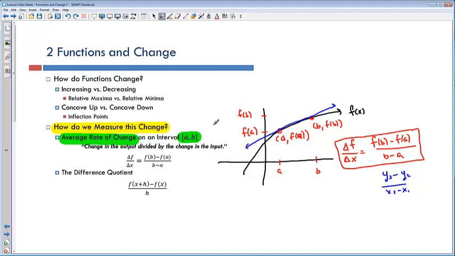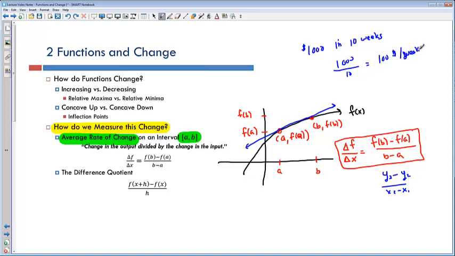Usually the example I'll give you is like, hey, if you made $1,000 over the last 10 weeks, what did you make on average each week? You just take 1,000, your output, and divide it by 10, your input, and you get $100 per week on average. Oops, not year, but week.